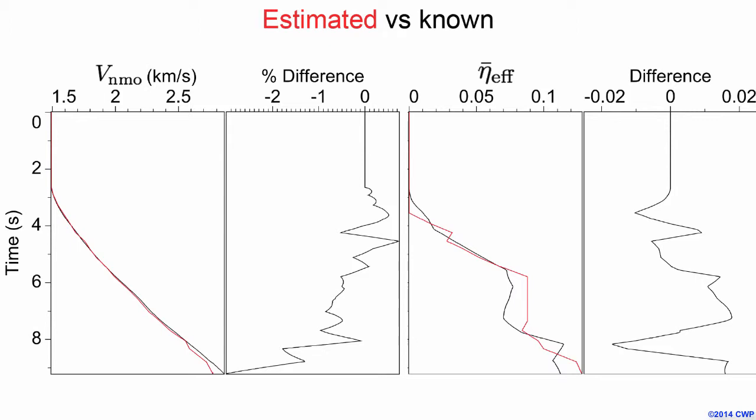And we're generally below 1% for VNMO and below about 0.02 for effective eta, where our effective etas go up to about 0.15. So now I'm going to show you an example of how we do this dynamic programming approach with a simpler semblance spectra, where we use hyperbolic normal moveout to compute our semblance spectra.